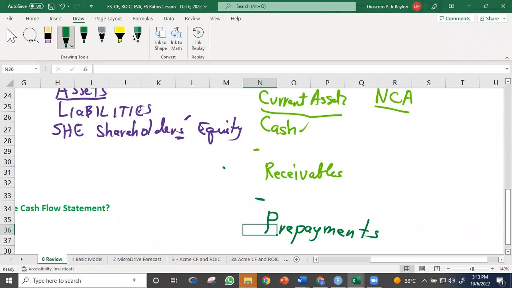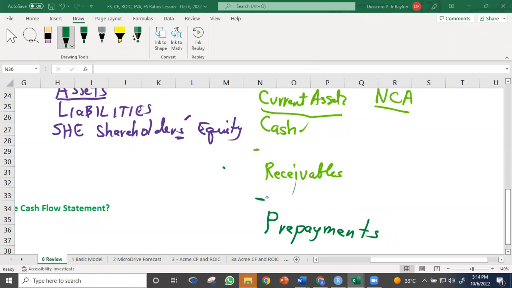We're still missing two. Okay, you're missing one very important current asset. What's that? Ano yan, guys? Especially for manufacturing companies, this is a very prominent asset sa kanila. It's your... so what's this?